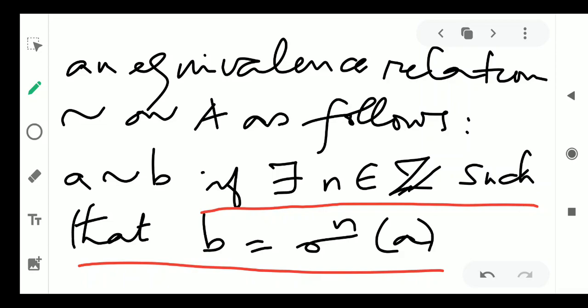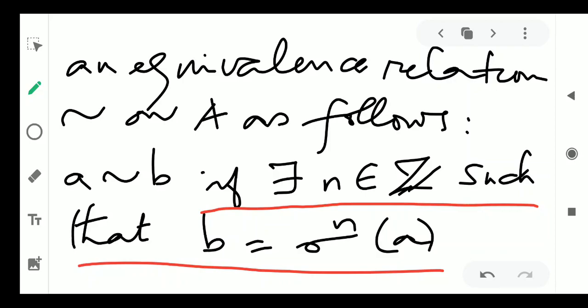Sigma raised to n of a means sigma composed n times, operated on a, gives b. So n may be 0, 1, 2, 3, etc., or minus 1. If it is minus 1, it is sigma raised to minus 1, that means the inverse of a permutation, like that it goes. Anyhow, that relation should be carefully understood.